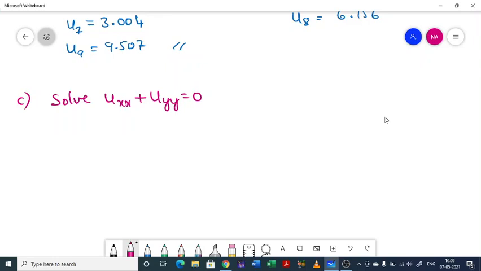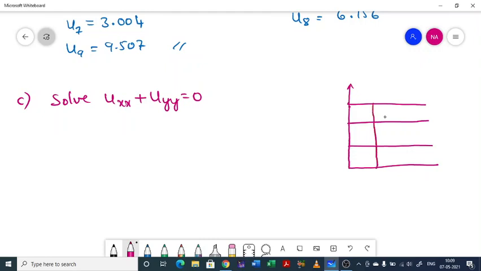So I'll just write the table. 1, 2, 3, 4, 1, 2, 3.